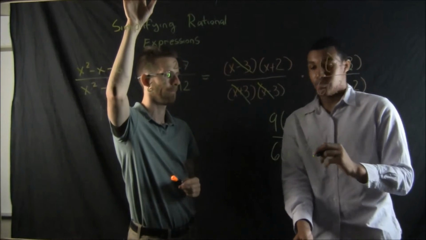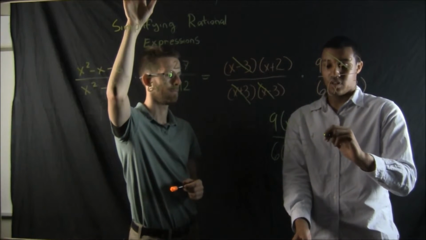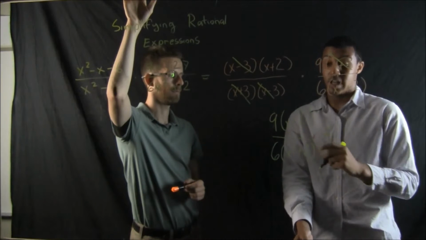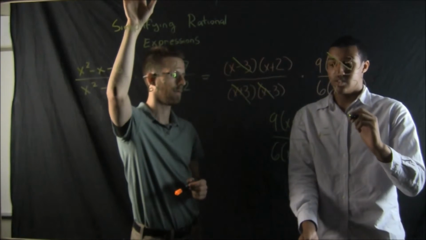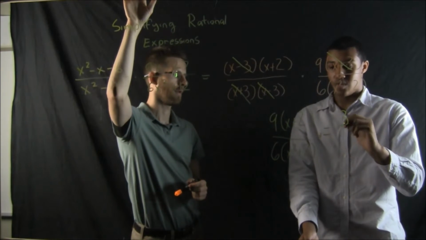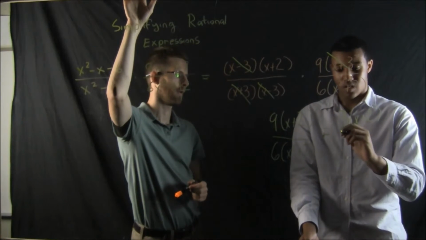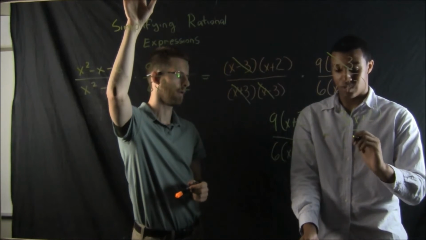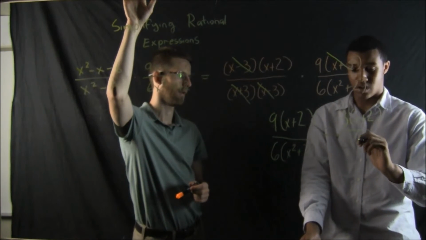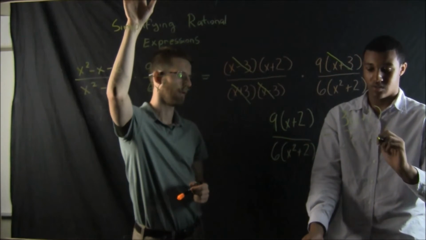And then right here, we can cancel out, the 9 and the 6 have a 3 in common. So we can make that 3 times x plus 2 over 2 times x squared plus 2.